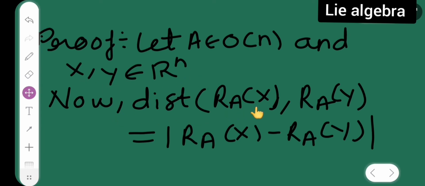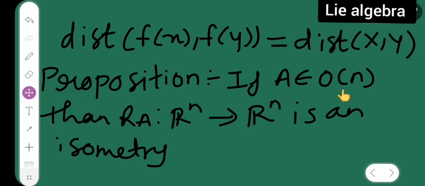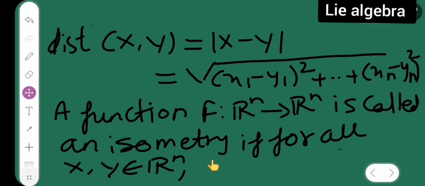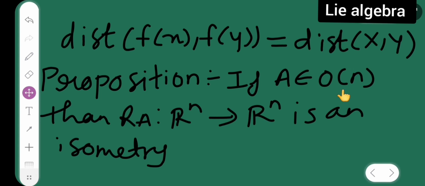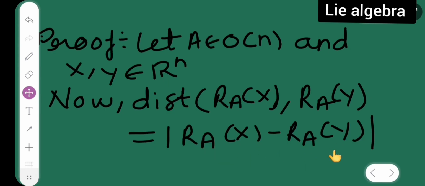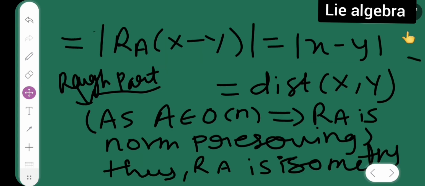So now distance of R_A(x) comma R_A(y) is equal to what? Now this I will write in terms of modulus of R_A(x) minus R_A(y). This is the distance formula, which is modulus of x minus y, the same way I used it here also.